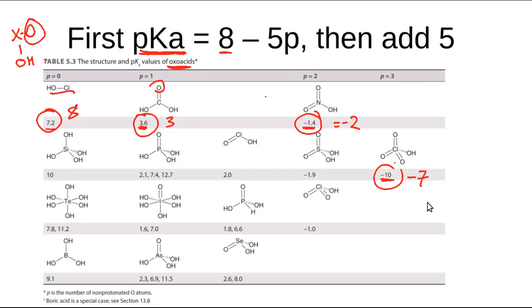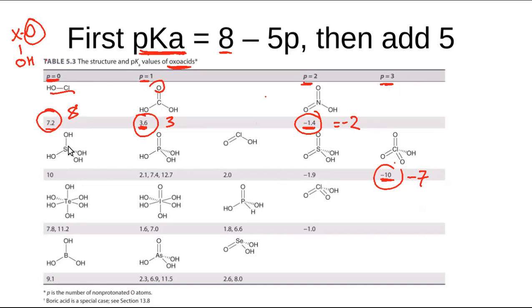If you would plot these pKa values as a function of the number of oxo groups, I think you would get a fairly straight line feature. In some cases, there are several oxo groups and hydroxy groups.